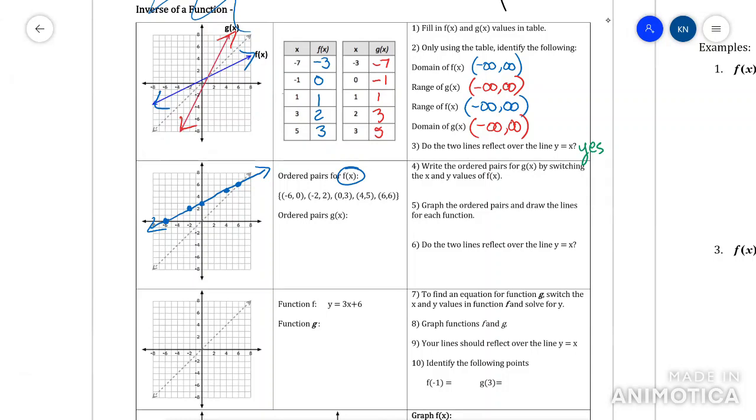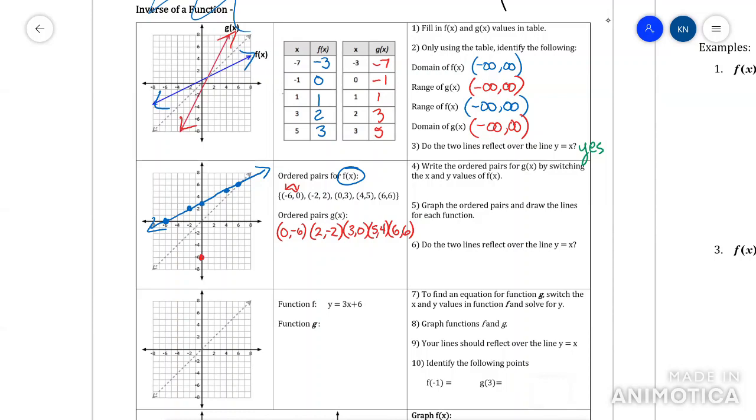All right, now what they're telling us to do is write the ordered pairs for g of x by switching the x and y values. So we're going to take this and switch these values. So like 0, -6 would be my first one. Literally just flip-flop those. Okay. And now they're going to want us to graph this.